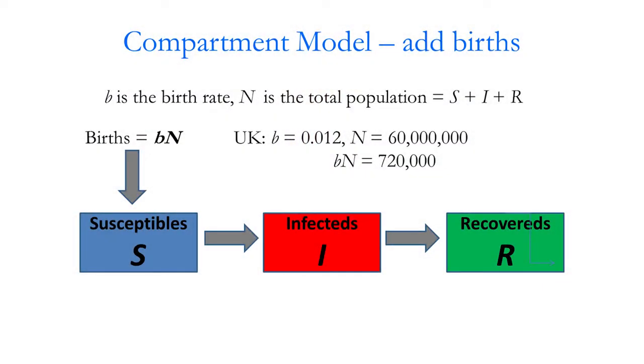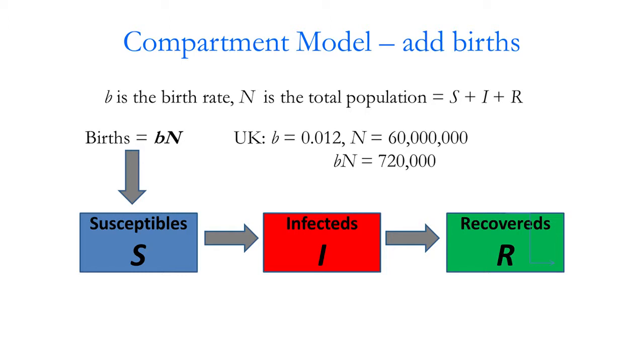So we need to think of these quantities S, I, and R as varying with time. So they're functions of time. Now, we need to have the inputs and outputs, and we need to have the transfer rate. Now, one of the most important inputs that you can have are births. And here I'm going to denote the birth rate by small b. N is the total population, so add together S and I and R. And the number of births will be the birth rate, whatever period of time that happens to be, multiplied by the total population.